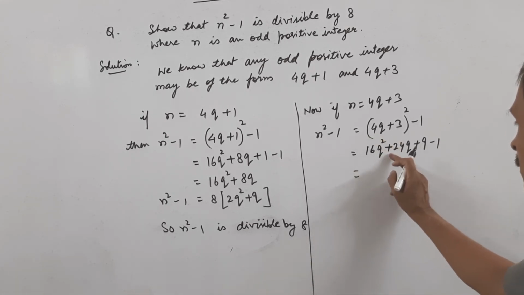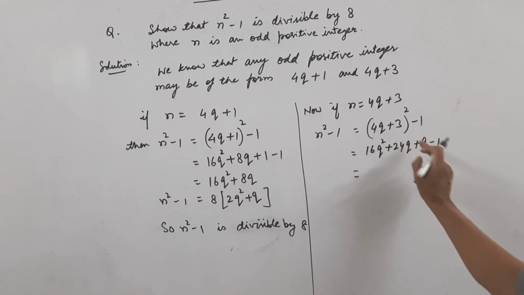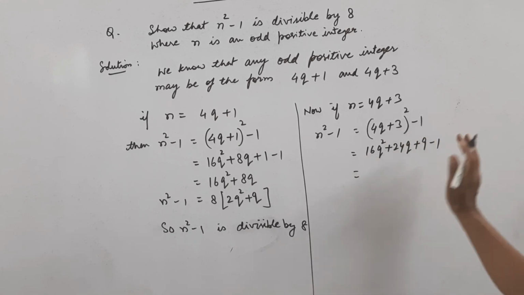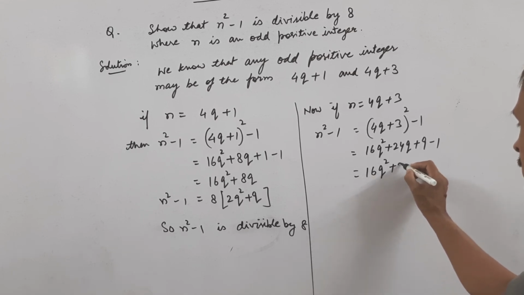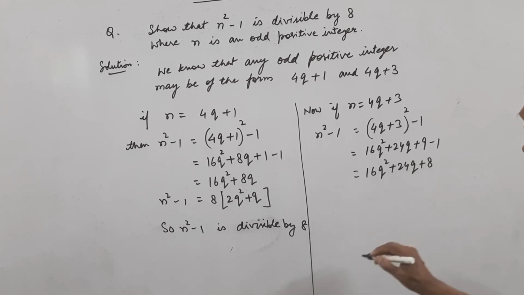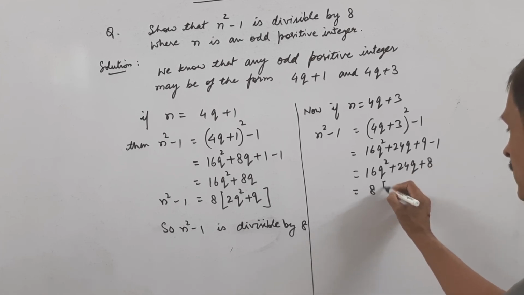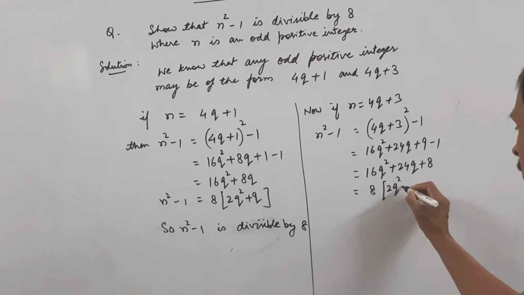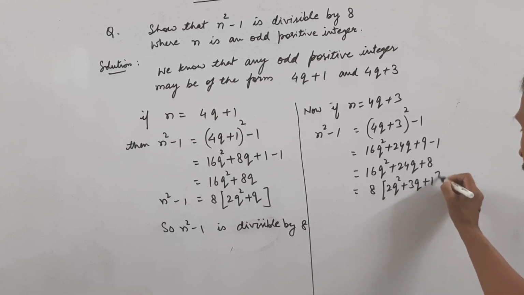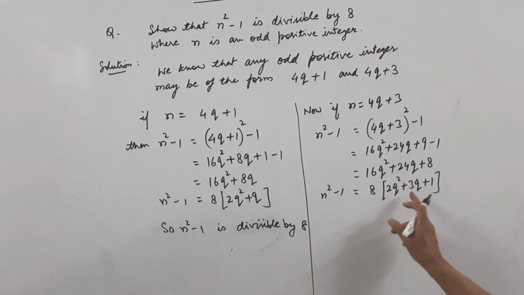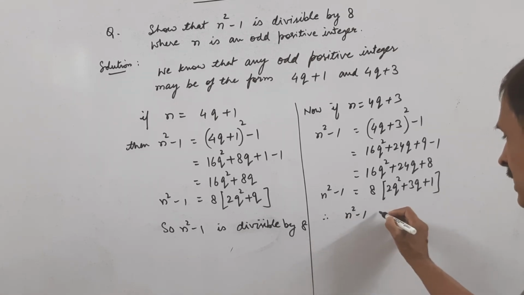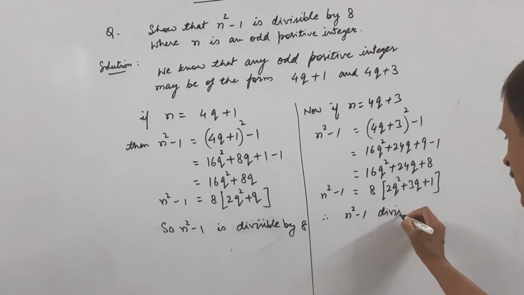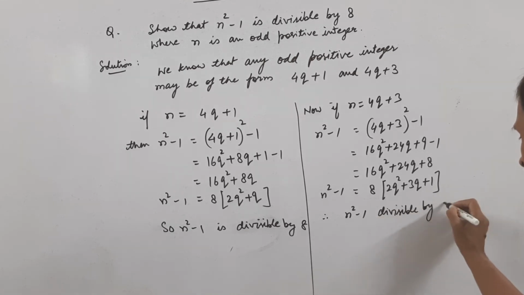This is a square plus 2 times of a into b plus b square. Minus 1 as it is copied, and this is 16q square plus 24q plus 8, or taking 8 as a common factor, we get twice of q square plus thrice of q plus 1. N square minus 1 is equal to 8 times of this. Therefore, n square minus 1 is divisible by 8.